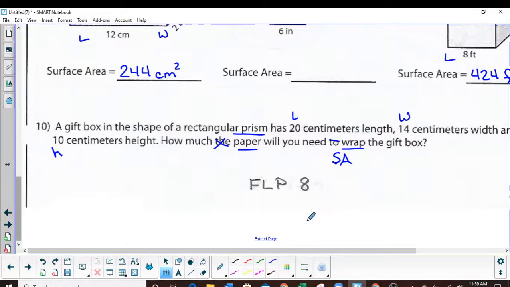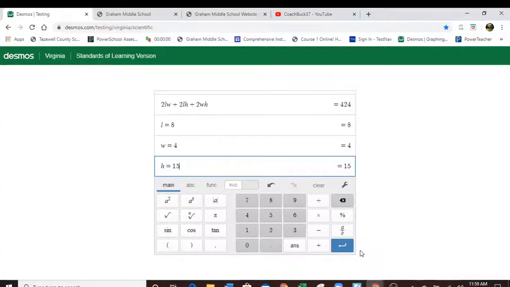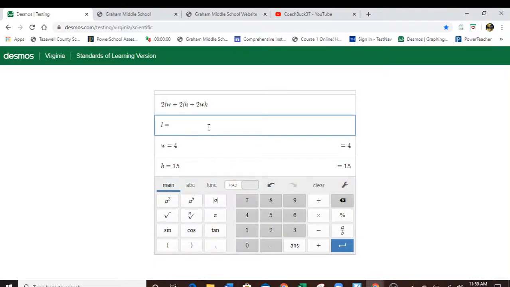Okay? So we're looking for surface area of this rectangular prism. Let's jump over to Desmos and pop these dimensions in. So for the length, I think we had 20? The width of this one was 14.